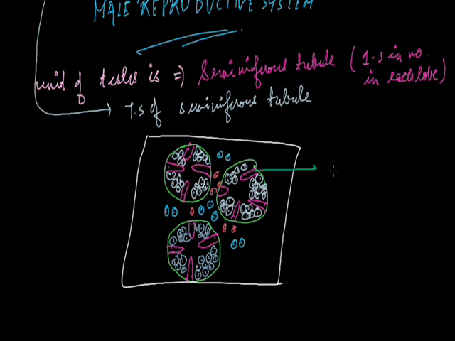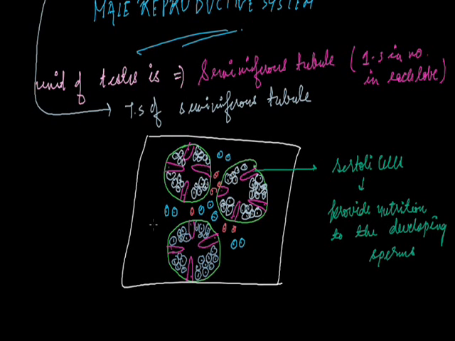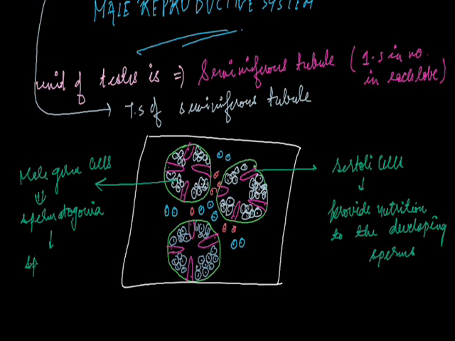These long cells are the Sertoli cells, which provide nutrition to the developing sperms, and these are the male germ cells, or spermatogonia, that form sperms later on after spermatogenesis.